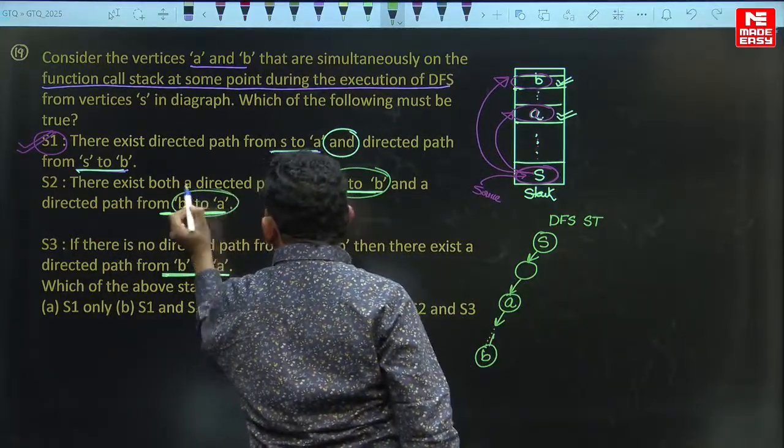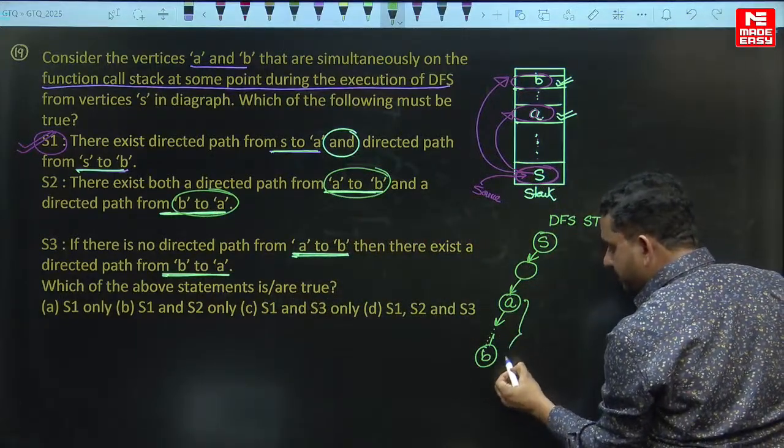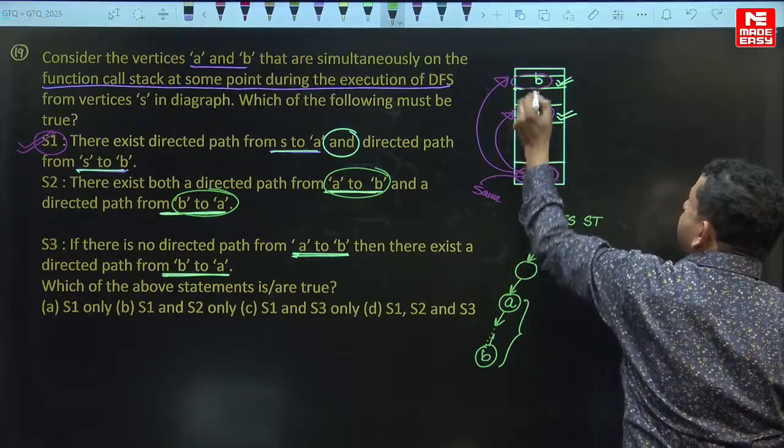Now the second one: there exists a path from A to B and from B to A, both may not be correct. There may be a path from A to B, or a path from B to A, depending on who was added first.